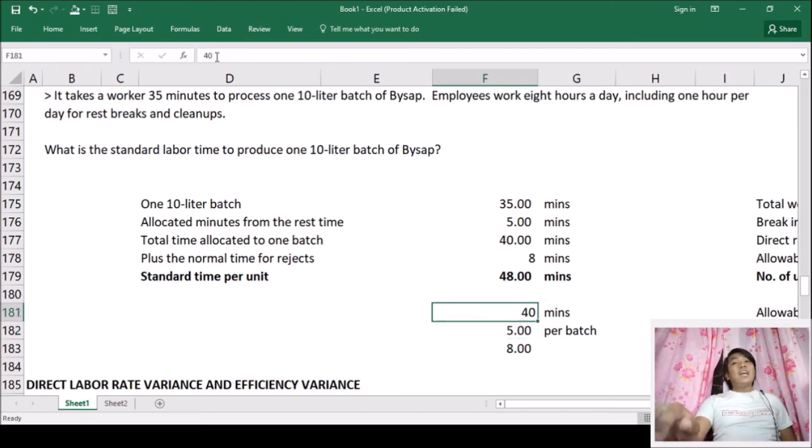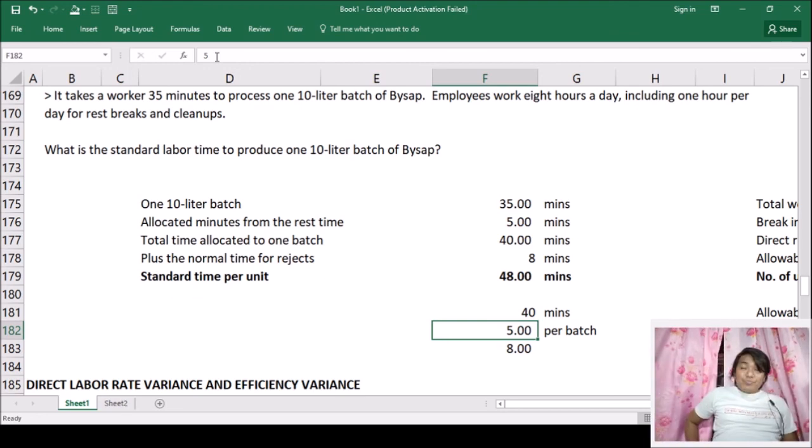That is 5. So 40 minutes for each batch, divided by 5 successful batches, because there should have been 6, but one was not successful. So the 5 will share the 40 minutes allocated to that unsuccessful batch from the inspection.